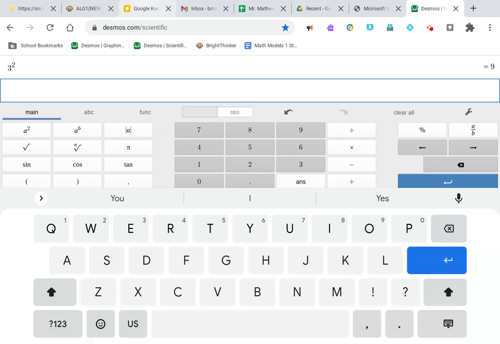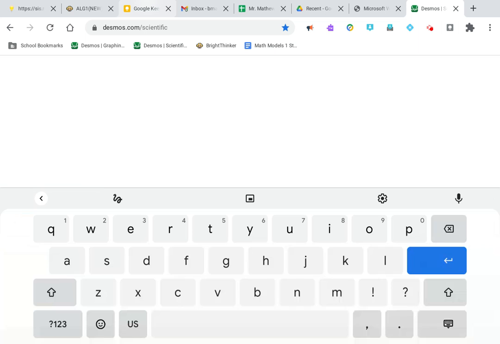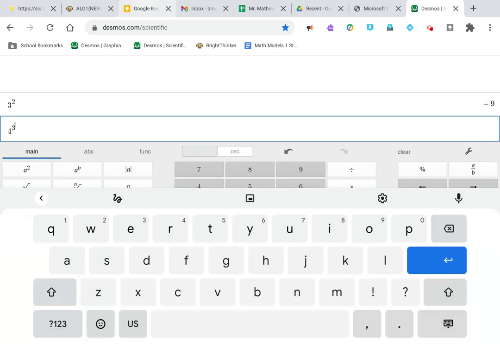And then I could do 4, and then I could hit this button to get another power like that, 4 to the 3rd. That would be the second exponent button that you see here. So we have a squared button, and we have an exponent button on Desmos. We have both of those. So just keep that in mind.